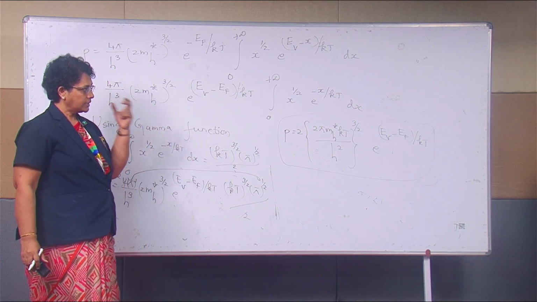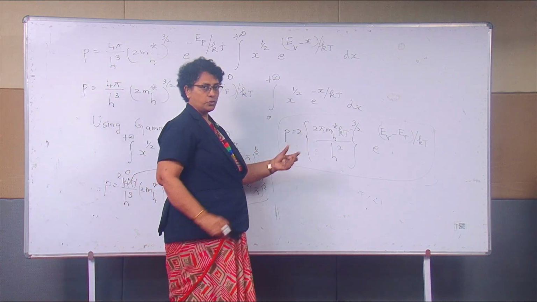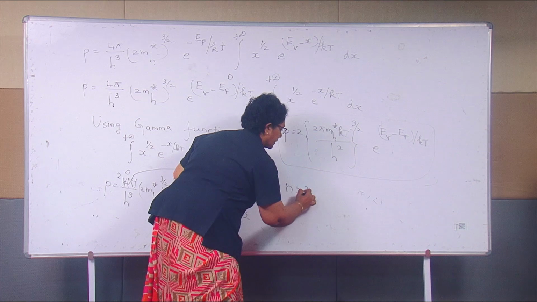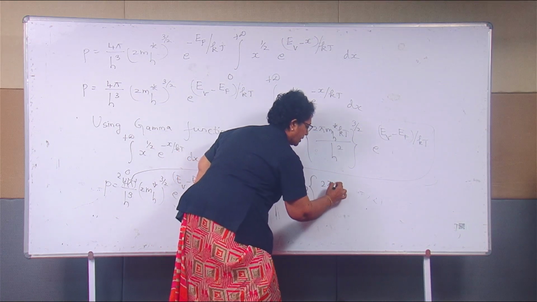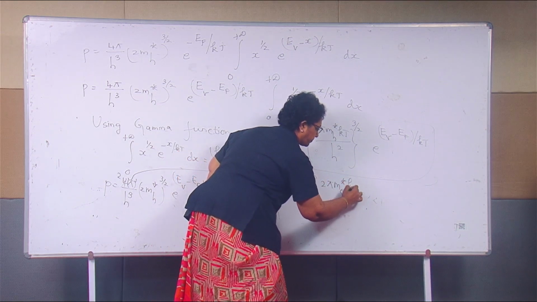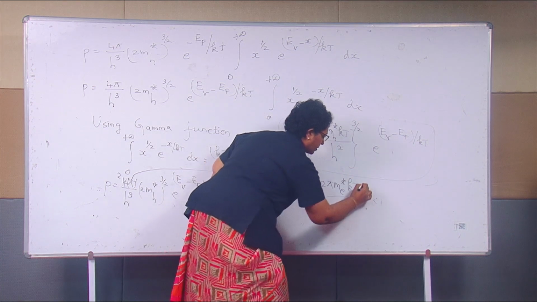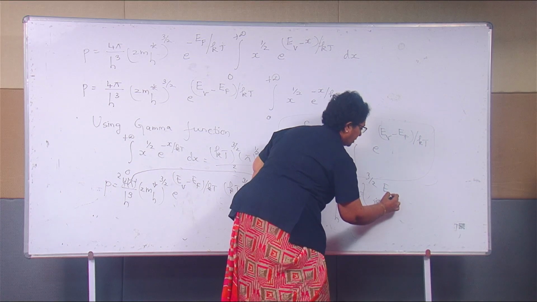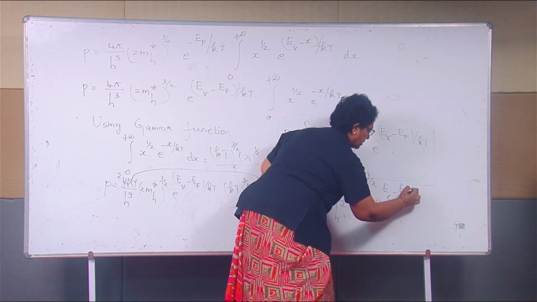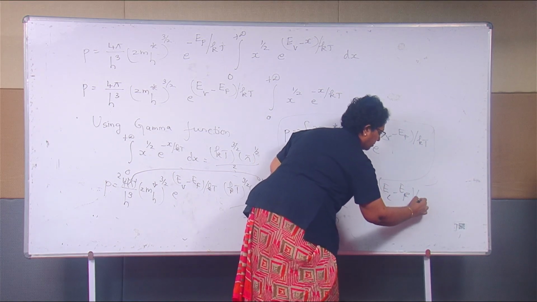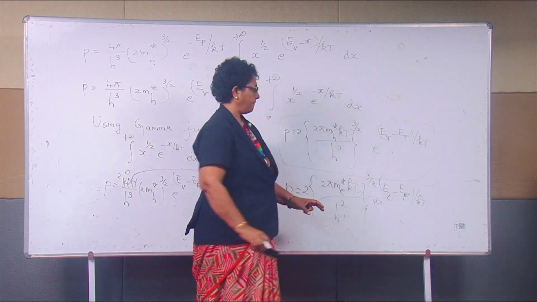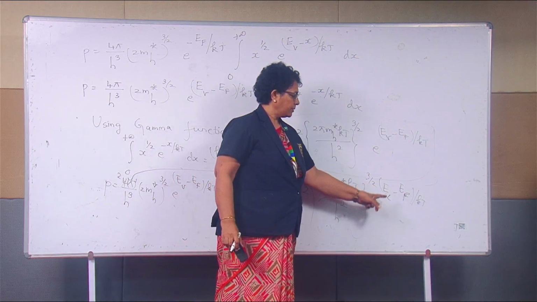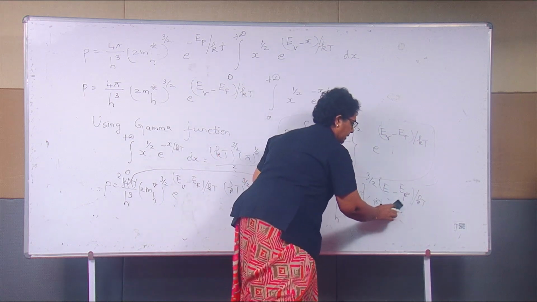I think you can understand this, and we have seen the expression for the number of electrons in the conduction band. It is the same thing, only a small change: e to the power of (EC minus EF) by kT, so this becomes EF minus EC.